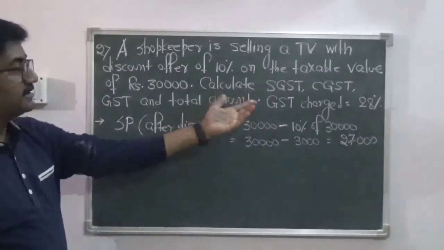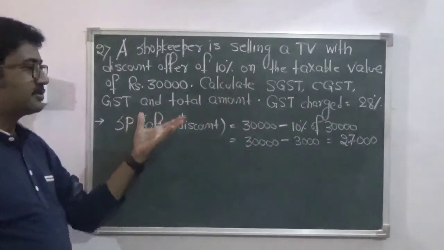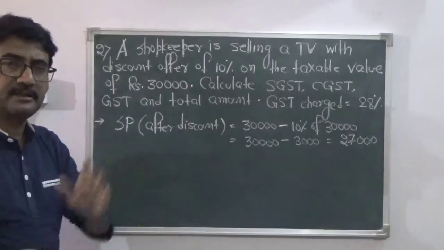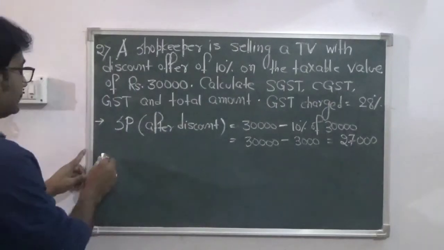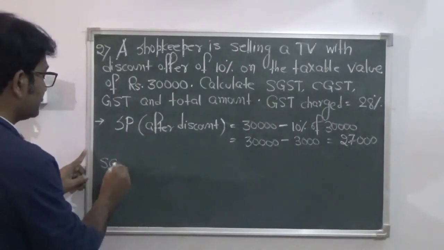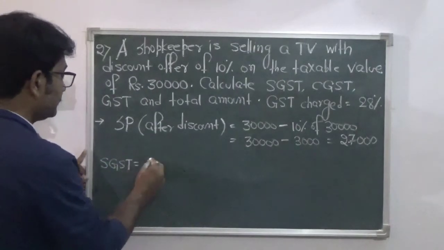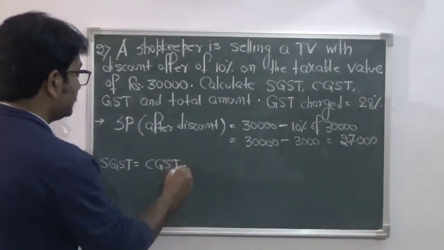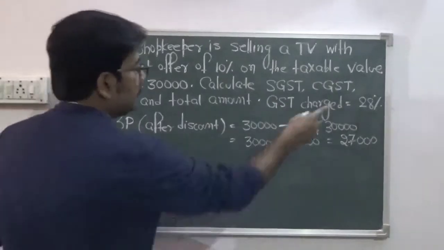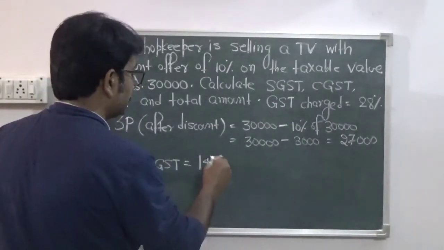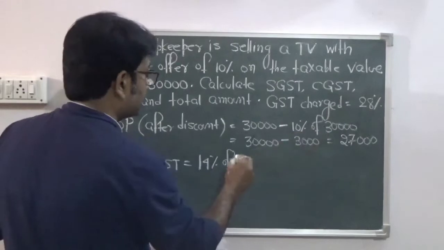Now you have to find SGST, CGST, GST and total amount, just as it was done in question number 1. So here also SGST is equal to CGST, and that will be 14% of this amount, 27,000.